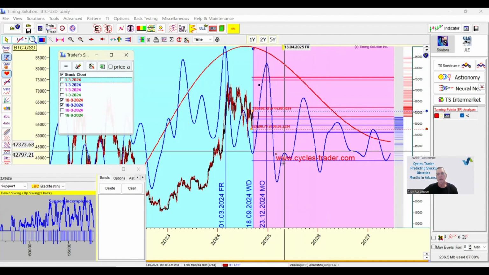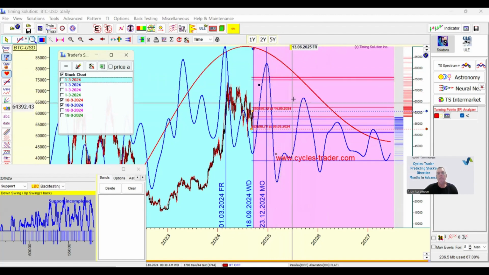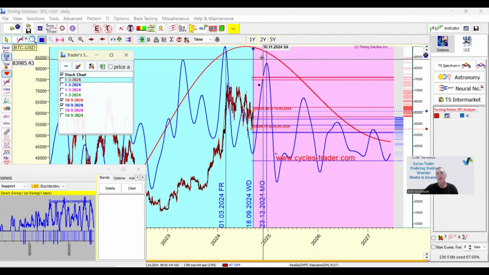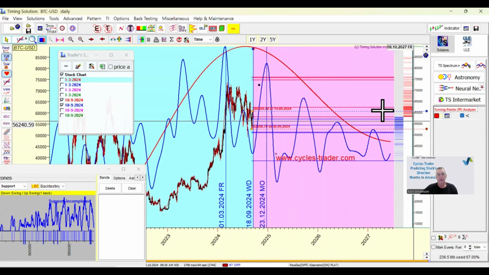Now, down doesn't mean down all the way, but it can perhaps move a bit down, a bit up here, and a bit down, all around this red curve, because the blue is actually riding on the red curve. Let's see if the support and resistance here are also supported.